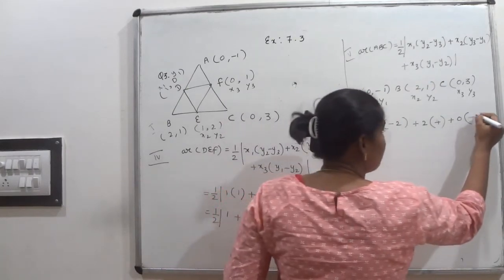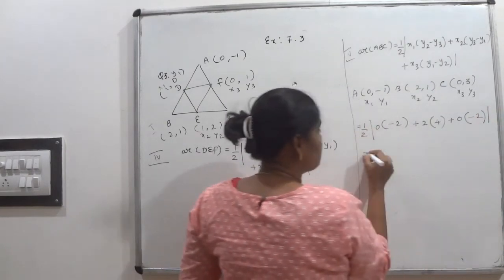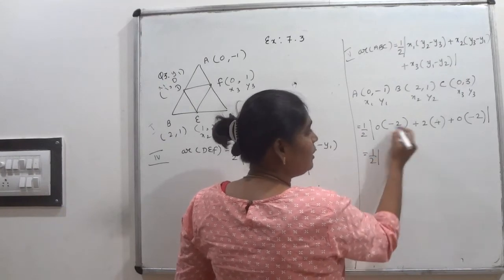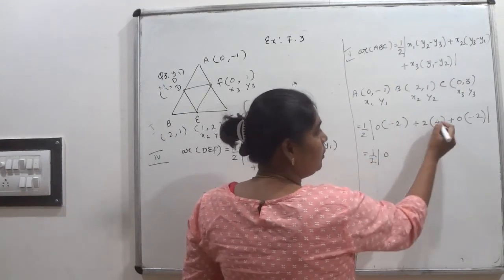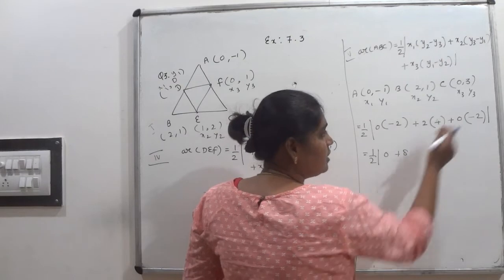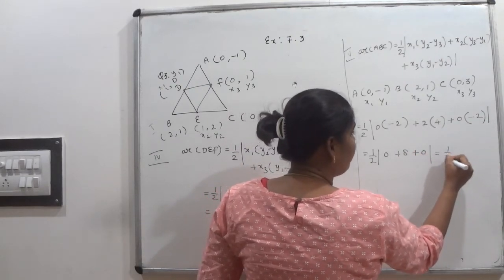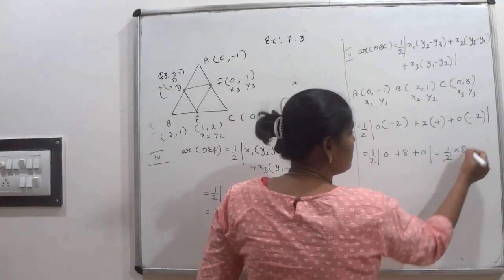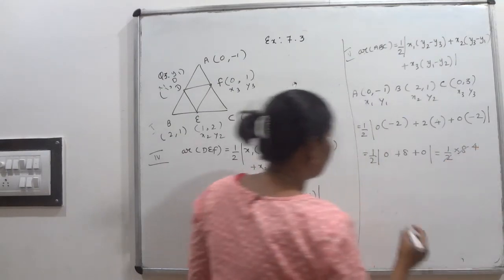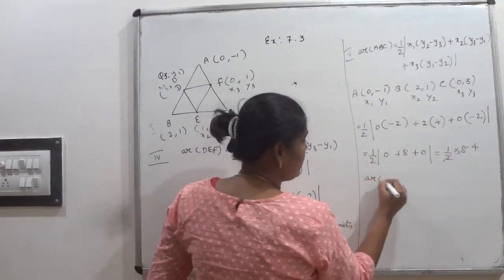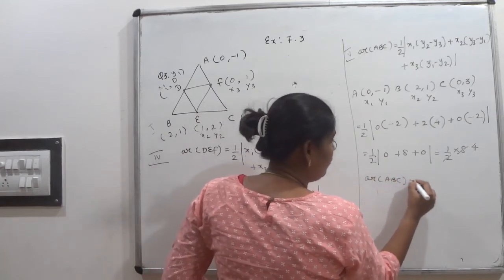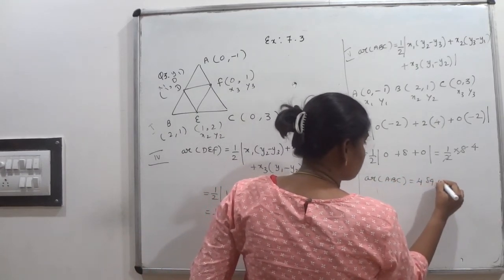Minus 1 minus 1 is minus 2. Close the modulus. Half. 0 into any value will be 0. 2 into 4, that is plus 8. 0 into minus 2 gives 0. So you will get half into 8, that is 4. So area of ABC, I got 4 square units.